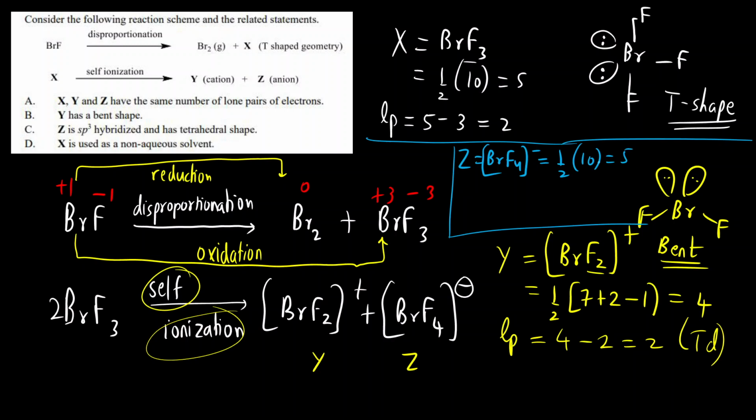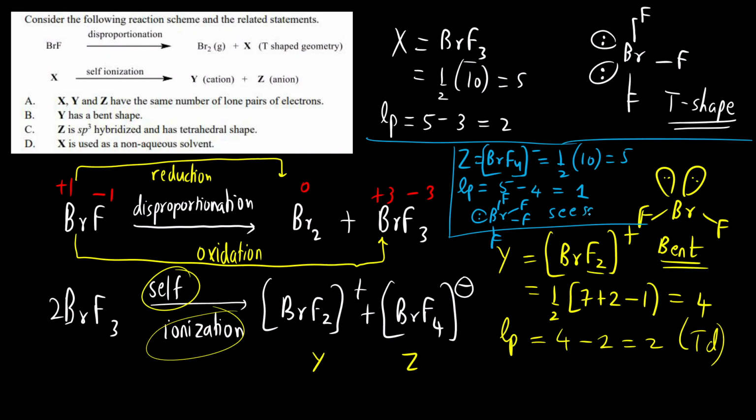So this is again a trigonal bipyramidal geometry. How many lone pairs are present? Lone pairs will be 5 minus 4 side atoms, so this will be 1. Steric number 5 and 1 lone pair. This is going to be seesaw: Br, 1 lone pair, F, F, F and F.